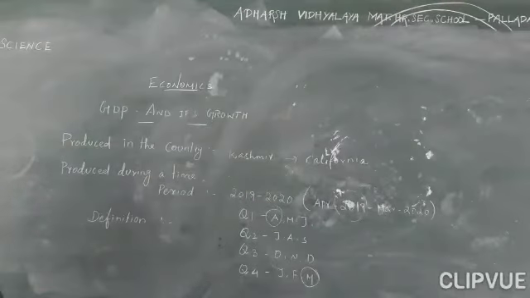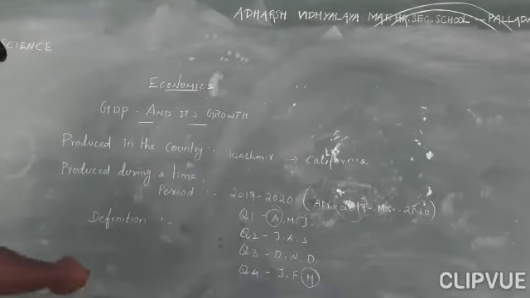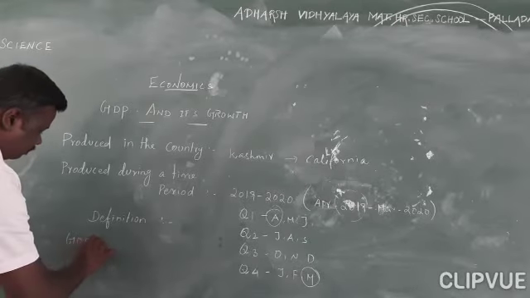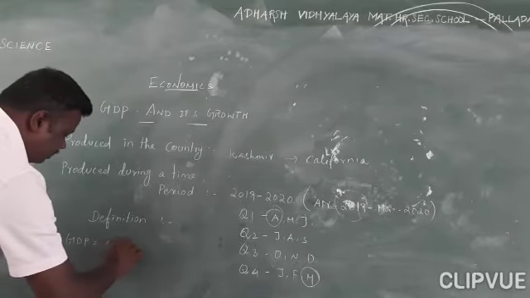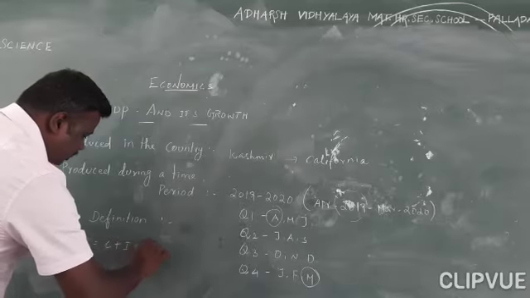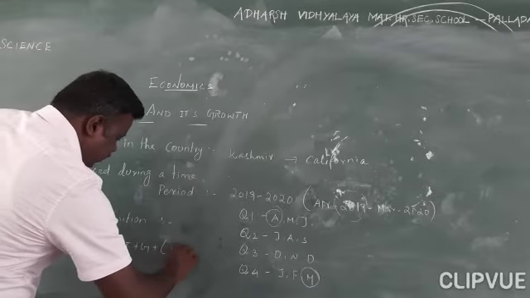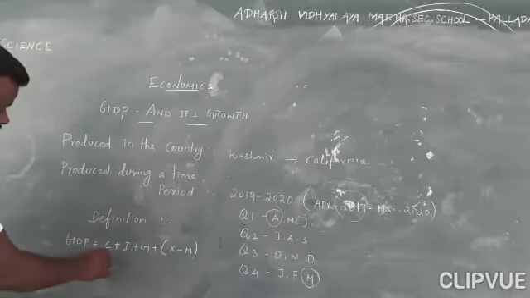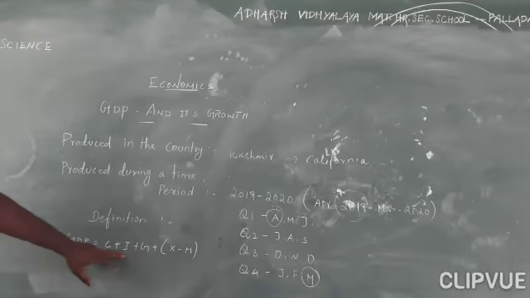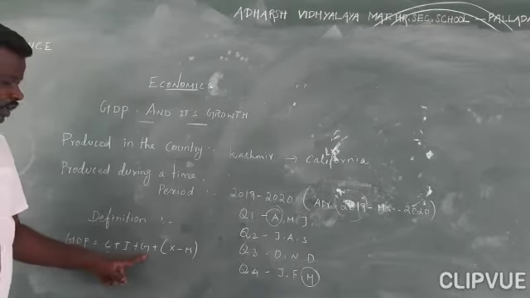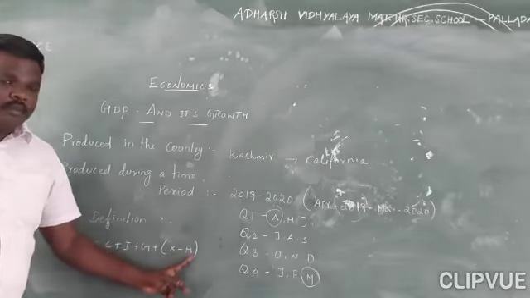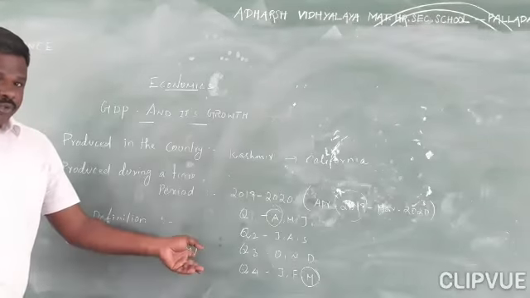Okay, so already we saw the definition of GDP. We saw the formula also. GDP is equal to C plus I plus G plus X minus M. So C is consumption, I is investment, G is government expenditure, X is export and M is import.